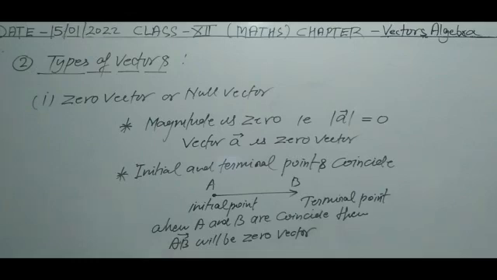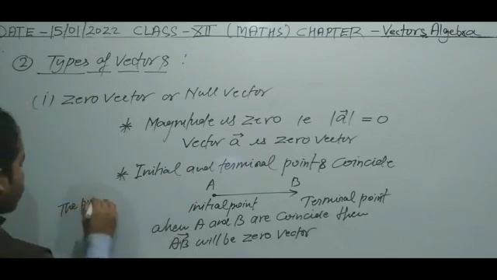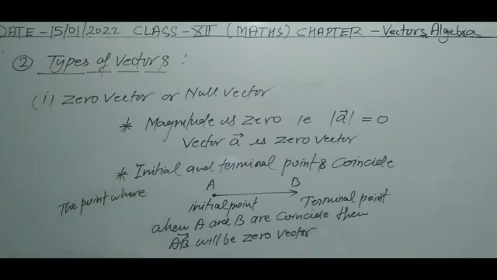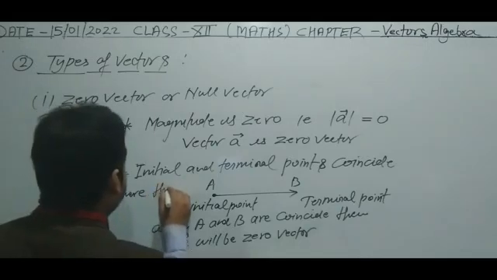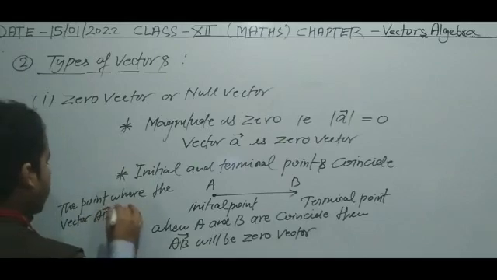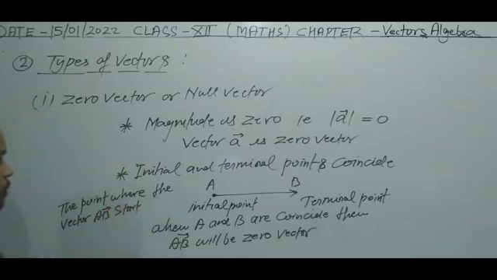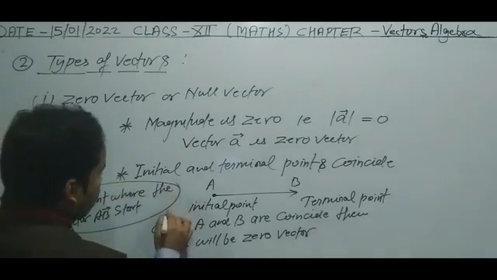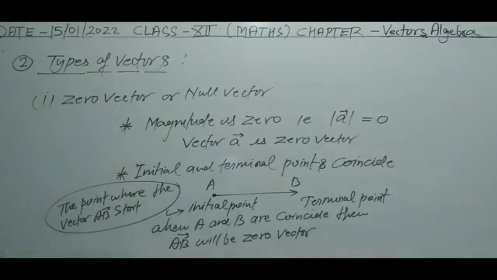The point from where the vector AB starts. This is initial.